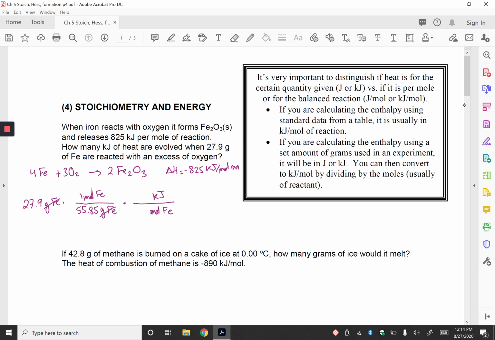So we know that there's negative 825 kilojoules, and that is for 4 moles of iron. So the answer is, you can either say negative 103 kilojoules, or you can say 103 kilojoules evolved or released.